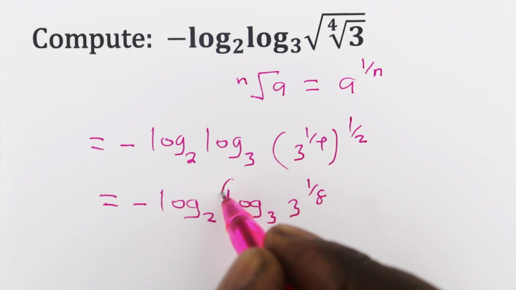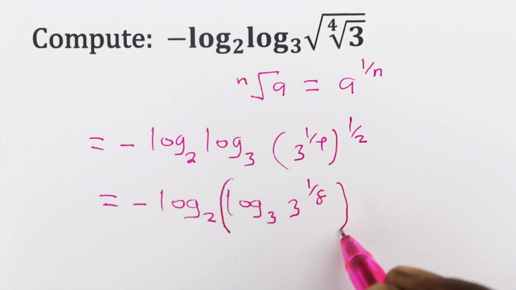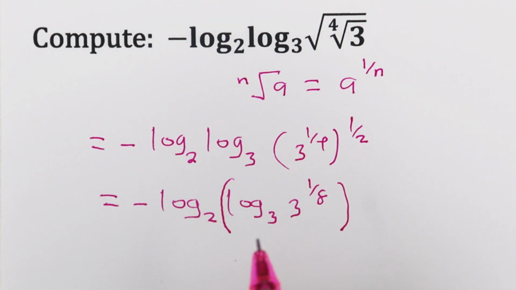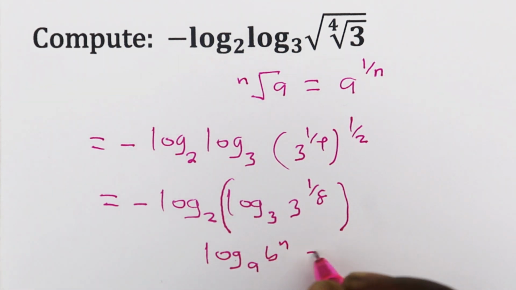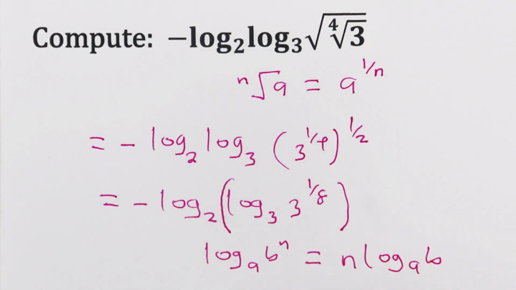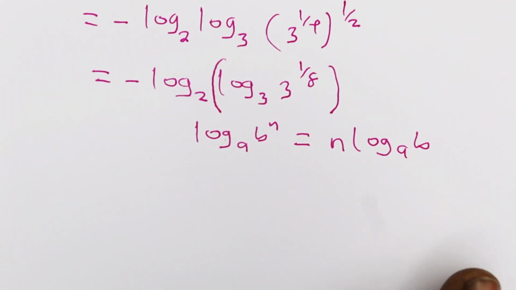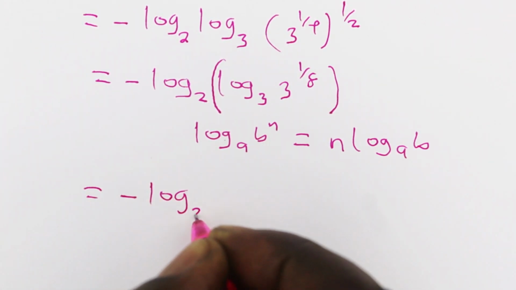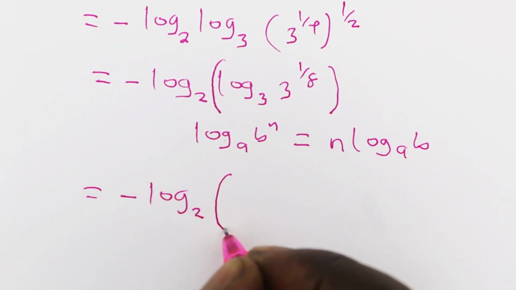So I want us to first of all just simplify the inner log. So remember, according to the third law of logarithms, if you have log to base a of b raised to power n, that is the same as n log to base a of b. So let us apply that property here so that we have negative log to base 2 in bracket.